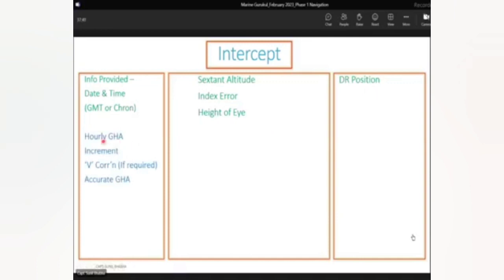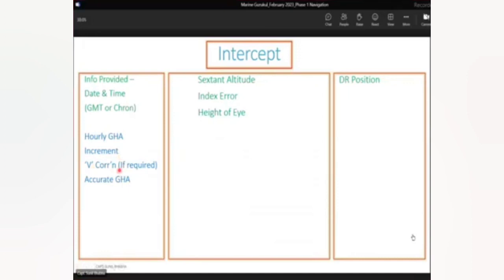First of all, we enter into the almanac to get the information regarding the celestial body. We find out the hourly GHA from the daily page, the date page. We get the increment from the increment table for the given minutes and seconds of the time. Then we pick up the V correction.